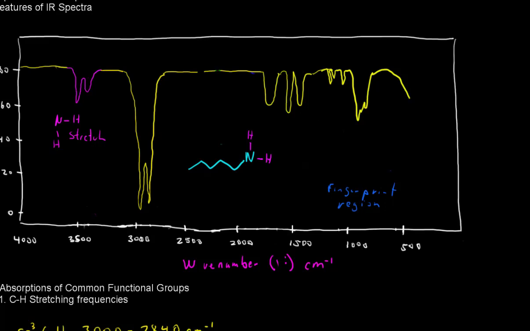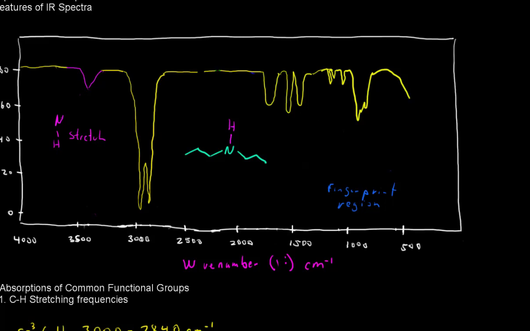So we typically see two rather weak absorbances, sometimes moderate, in this region for primary amines. Secondary amines have just one nitrogen-hydrogen bond, so you only see one peak. For example, for N,N-dipropylamine, a secondary amine, we see a single absorption around 3290, right around 3300. So that's what you can look for if you suspect primary or secondary amino groups in your molecule.